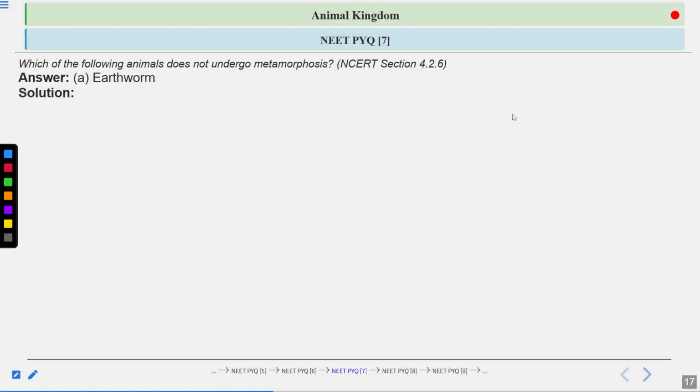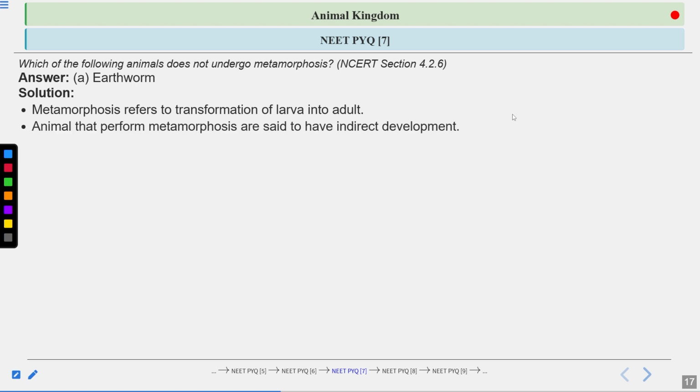Which of the following animals does not undergo metamorphosis? In the case of earthworm, there are no larval stages. Metamorphosis refers to the transformation of larva into adult. Animals that undergo metamorphosis are said to have indirect development.